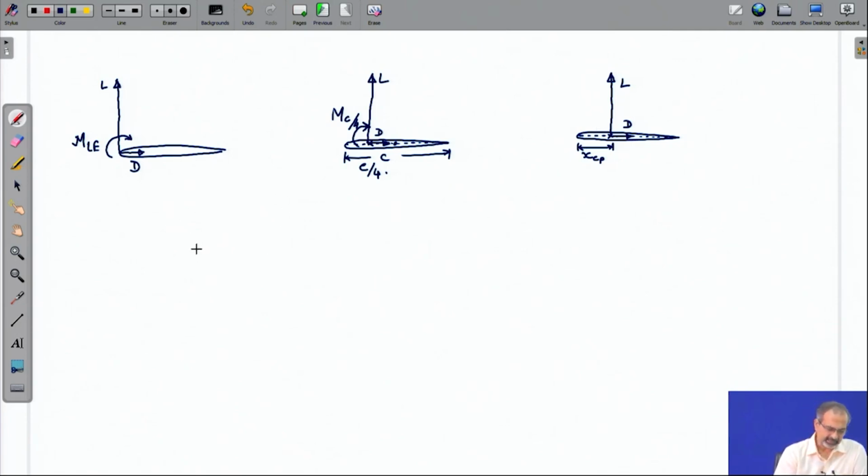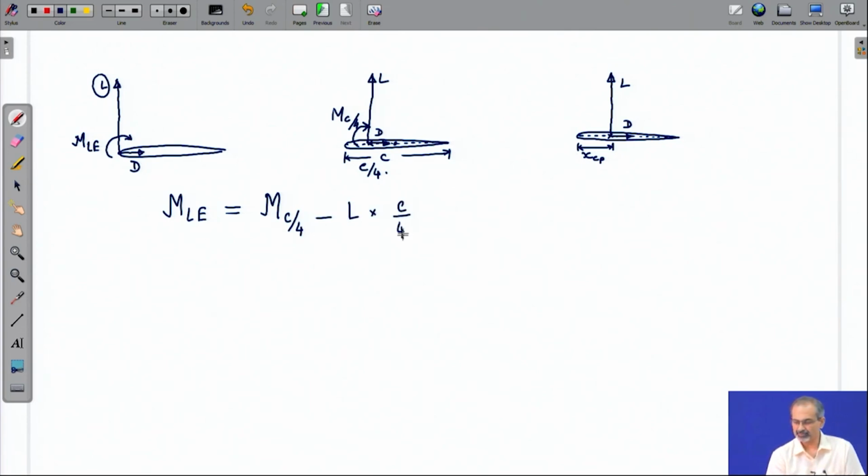So, these three cases can be represented through an equation like this. In the first case we have a moment about the leading edge and there is no moment due to the lift force, because it is acting exactly through the leading edge. So, moment at the leading edge can now be written as moment at the quarter chord minus L into c by 4, because moment at the quarter chord is positive clockwise and then this is counterclockwise.